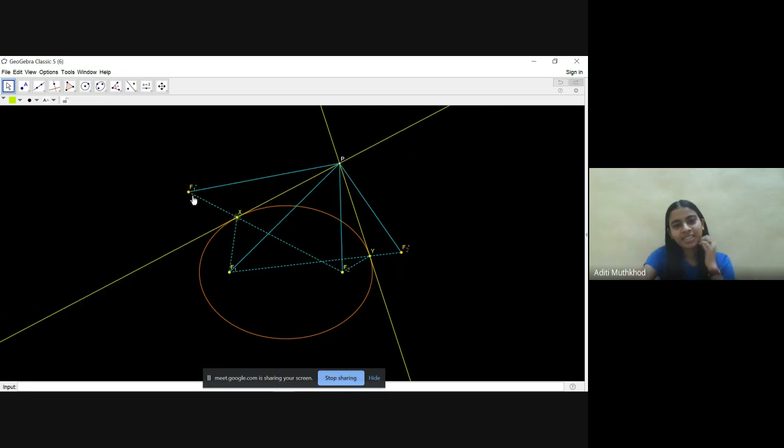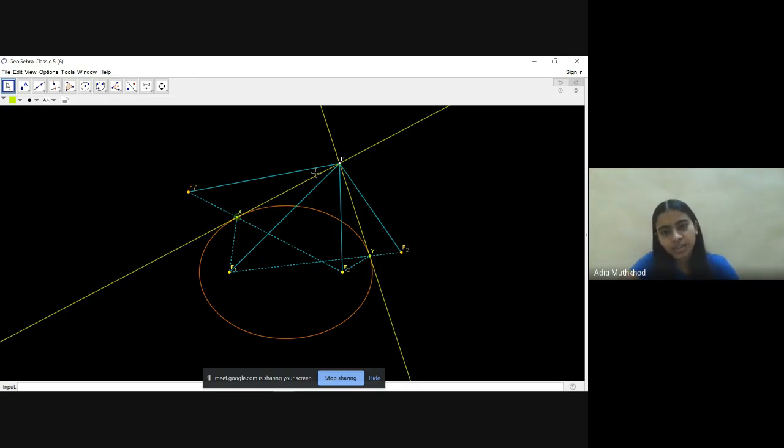So this observation, reflecting F1 and then observing that F1 prime F2 is just equal to XF1 plus XF2, which is the major axis, is just nice. And these triangles are congruent, and there is a lot more to this, but I will not go into that now.